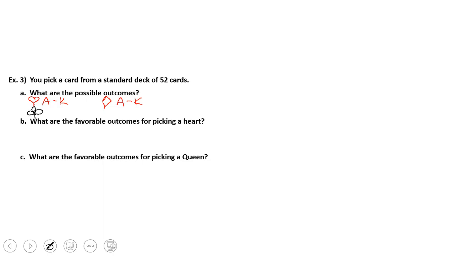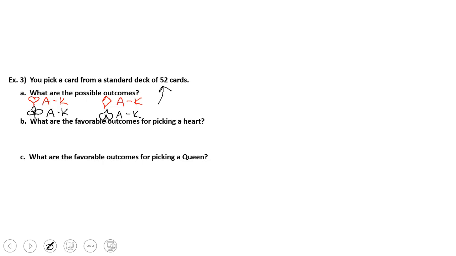I'm not a very good drawer here, but we're going to go with what we can do. And we have an ace through king of clubs, and then we have the spades, which to me is an upside down heart, and that is also ace through king. So there's 13 of each one of those 4 types of cards. So 13 times 4, that is 52. We could list them all if we wanted to.